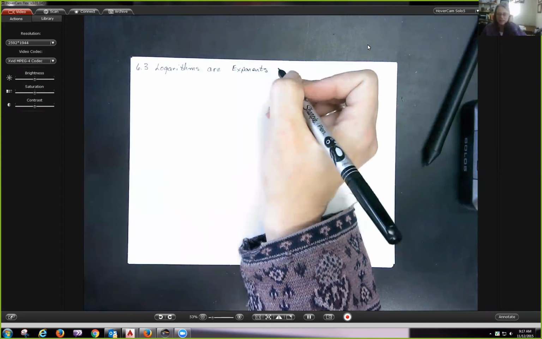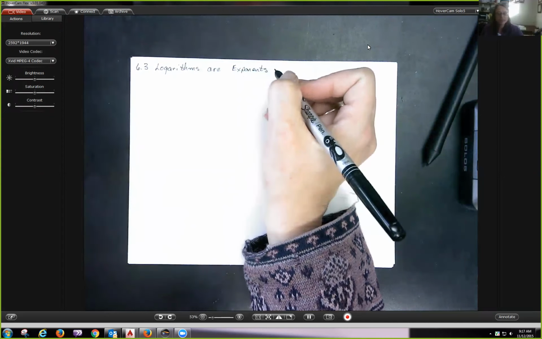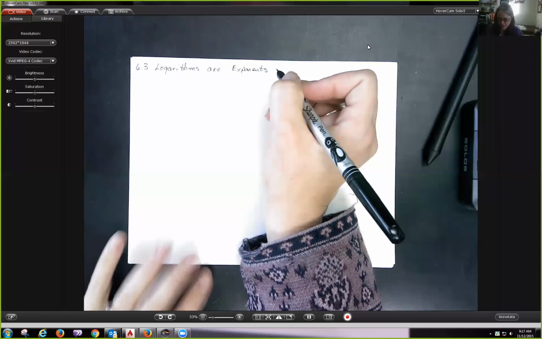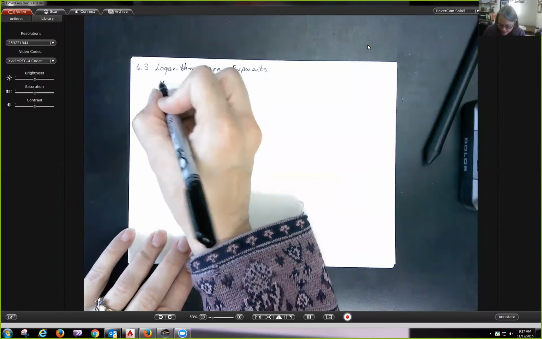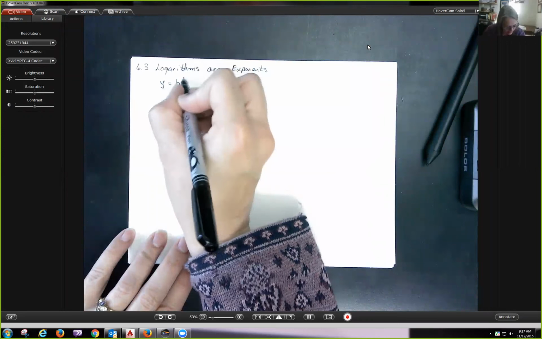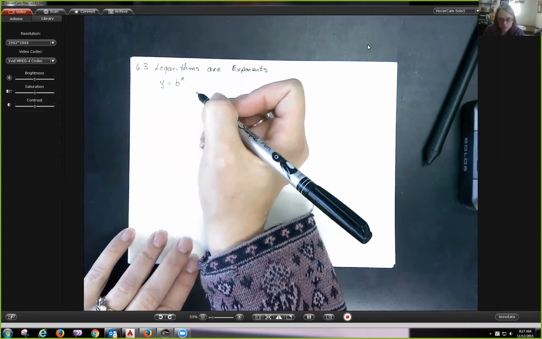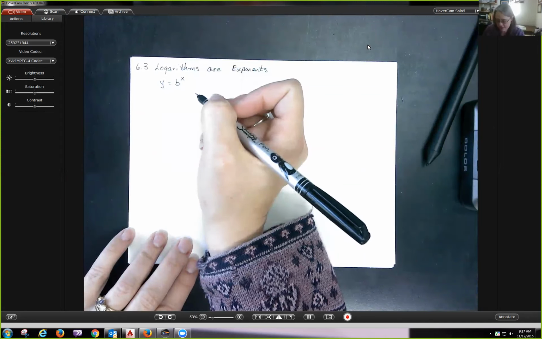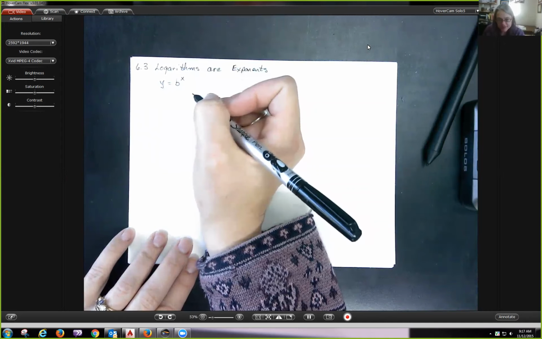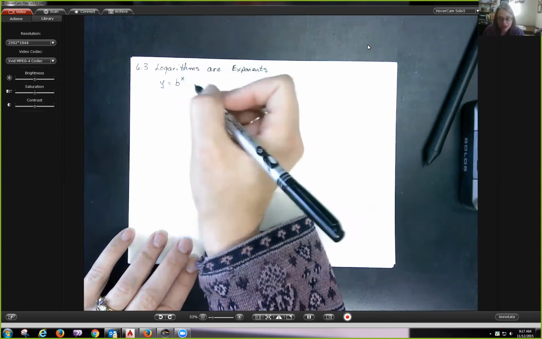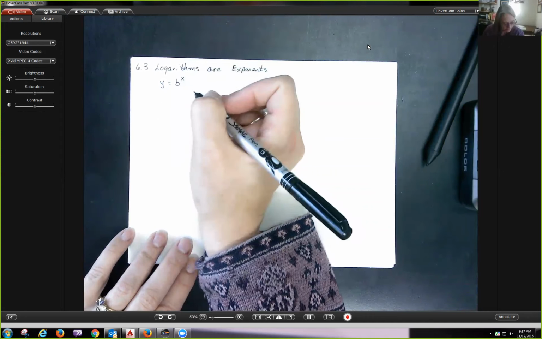Now, if you remember back in the first section of this chapter, we talked about exponential functions. And those were things that looked like y equals b to the x. We've done some work with these, and we've seen that they're difficult to solve unless you know how to get this exponent down out of the exponential spot.